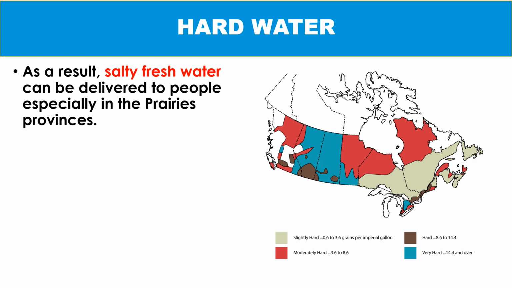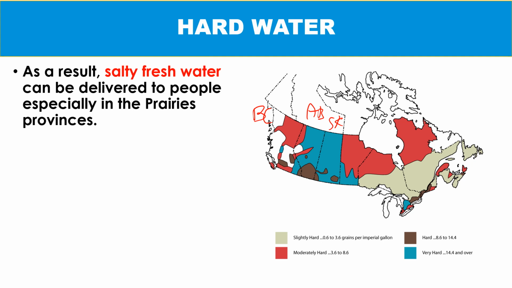Remember, salty doesn't mean table salt, so I'm not talking about saline water. But that's what the Prairie provinces experience. I want you to look at the Canadian map here. We have BC, Alberta, Saskatchewan, and so on, all the way to the East Coast area.